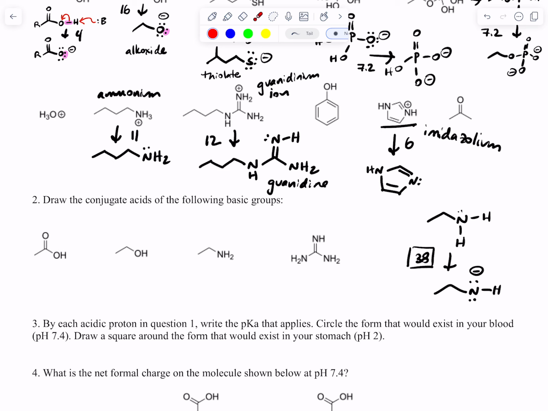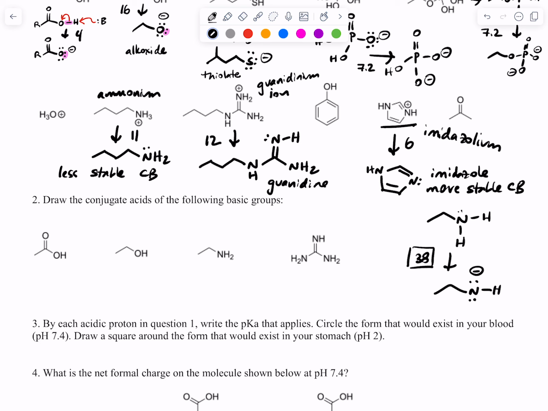So let's compare the two conjugate bases. We already know that imidazolium is much more acidic than ammonium. So now let's consider, we would conclude that the conjugate base of imidazolium happens to be called imidazole. We would therefore conclude that imidazole is the more stable conjugate base and the ammonium ion is the less stable conjugate base.